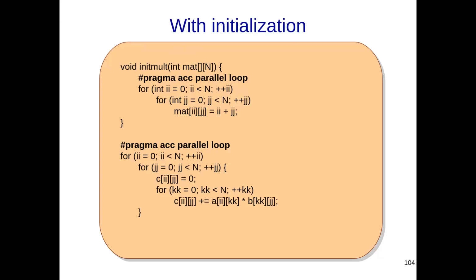So that is another observation, that since we'll have the data clause where we are just copying in A and B, and that initialization is for two matrices A and B, you would like to specify that it is already present so that the compiler doesn't have to worry about even checking if it is already present or not, or generating code corresponding to that. So we can specify present(mat) here, and that will be helpful.